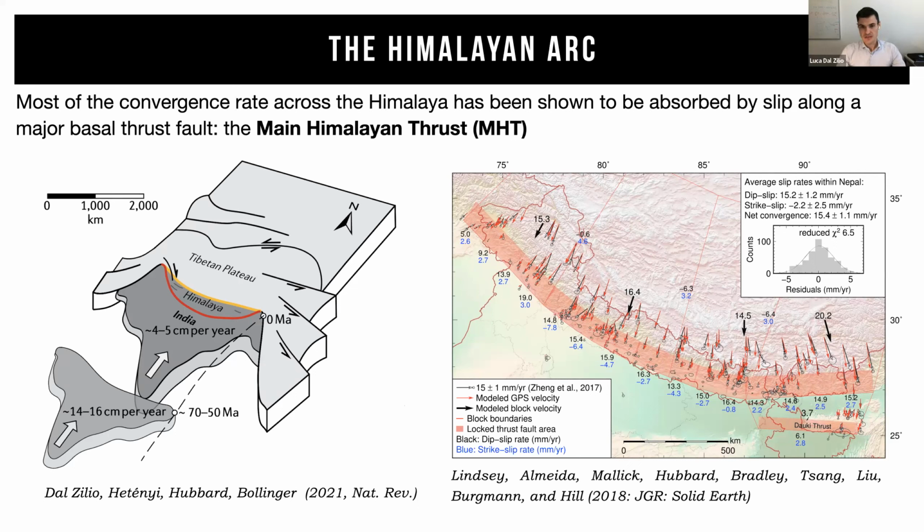Most of this slip is accumulated along the plate boundary, along the interface between the India plate and the Eurasian plate, which is the Main Himalayan Thrust. The Main Himalayan Thrust is the equivalent of the megathrust in a subduction zone, and is the place where we can observe most of the large earthquakes in this region.